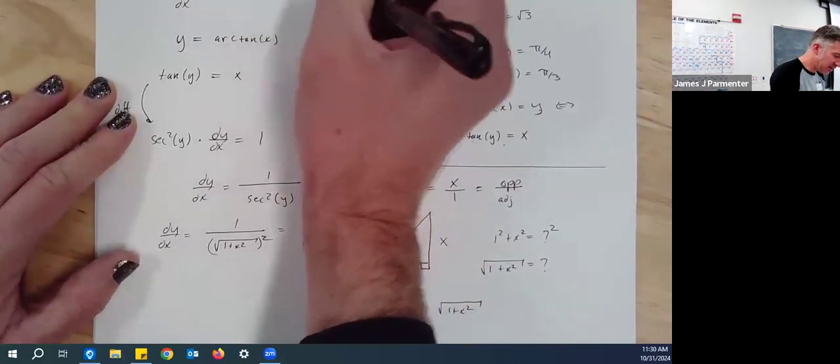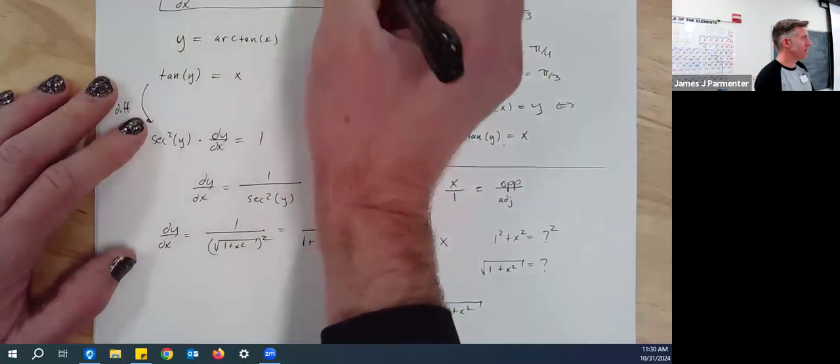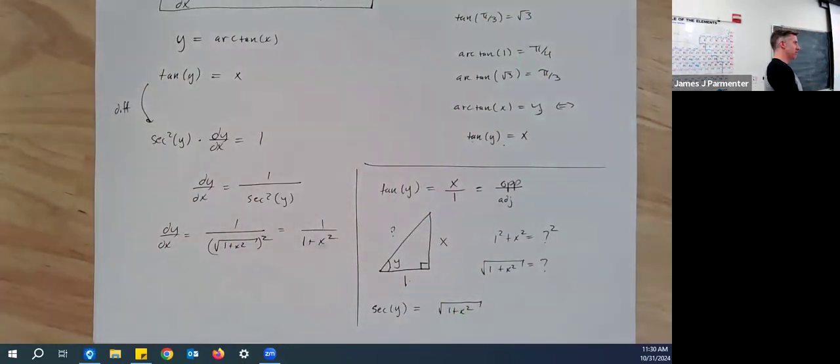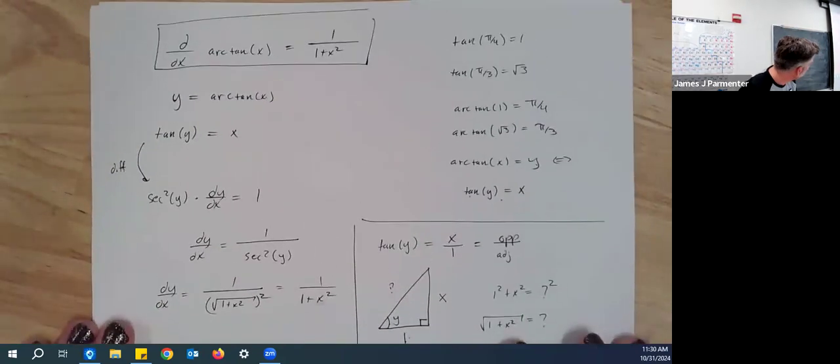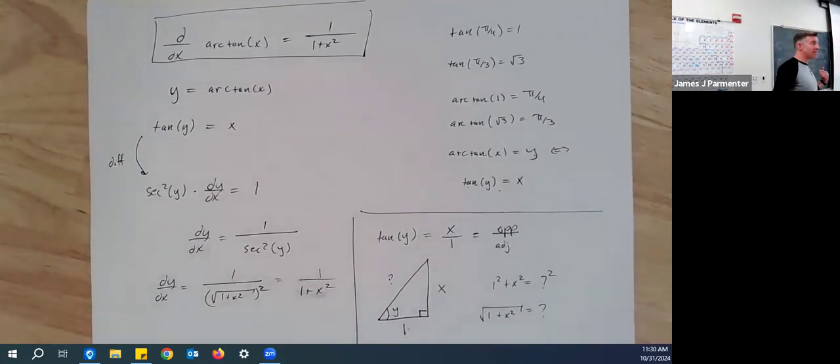And just like anything you learn the derivative of, there's automatically a chain rule version of it. So if you know that the derivative of arctangent of x is 1 over 1 plus x squared, then you also know that the derivative of arctangent of some stuff is 1 over 1 plus stuff squared times the derivative of the stuff every time.